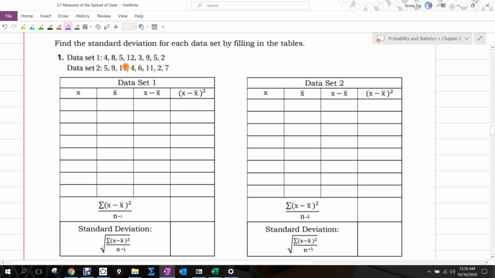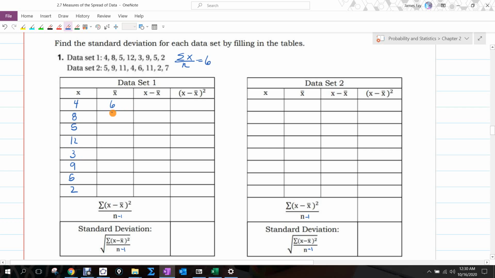So what we do, we first have to find our mean. All we have to do to find the mean, remember, is the sum of your data points divided by how many you have. In this first one, I've already done this preliminary work, and you guys can do that on your own, but it's 6. So then we write down our data points of 4, 8, 5, 12, 3, 9, 5, and 2.